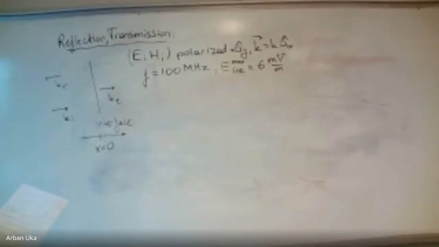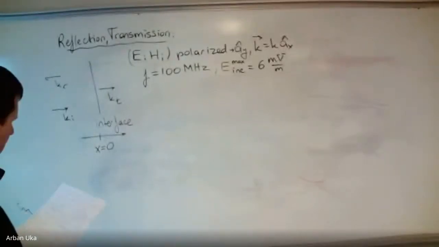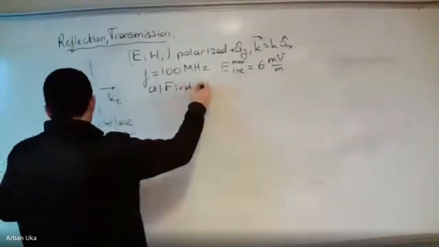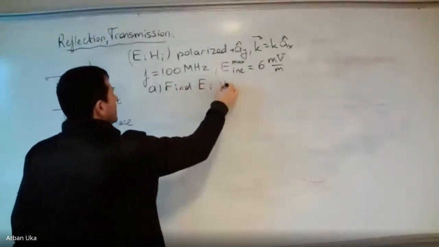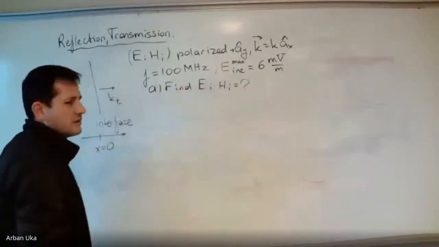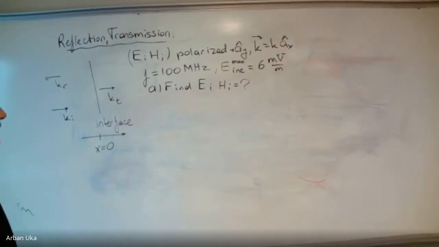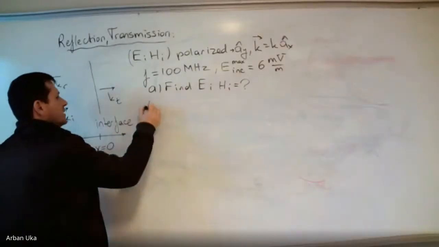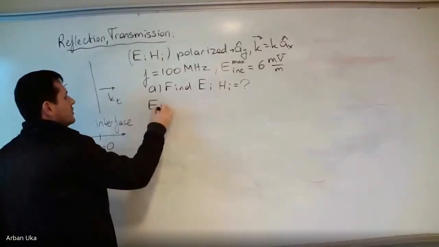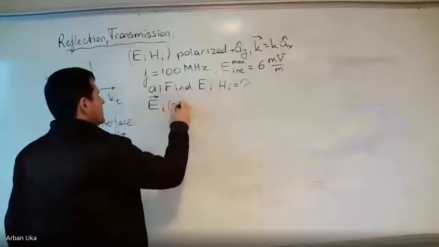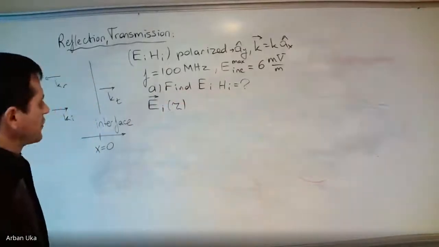So if this is the perfect conductor, the question is, let's find the EI and HI. So let this be the first question, and we know that. So let's write first the electric field vector which is associated with the incident wave. So here we have the EI as a function of x, without including the time dependence for a moment.